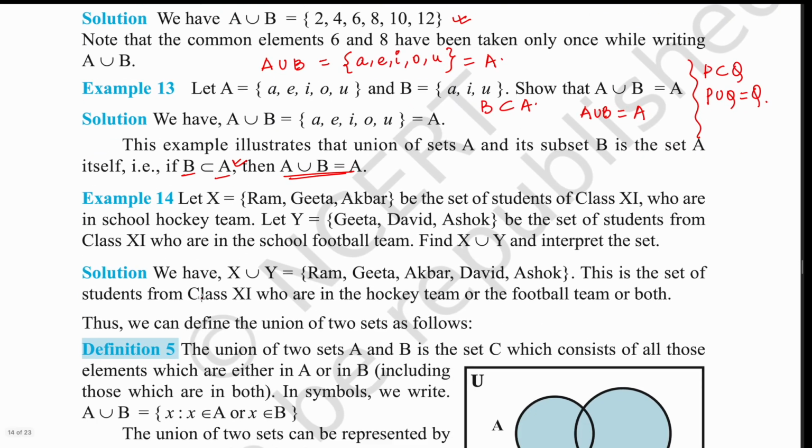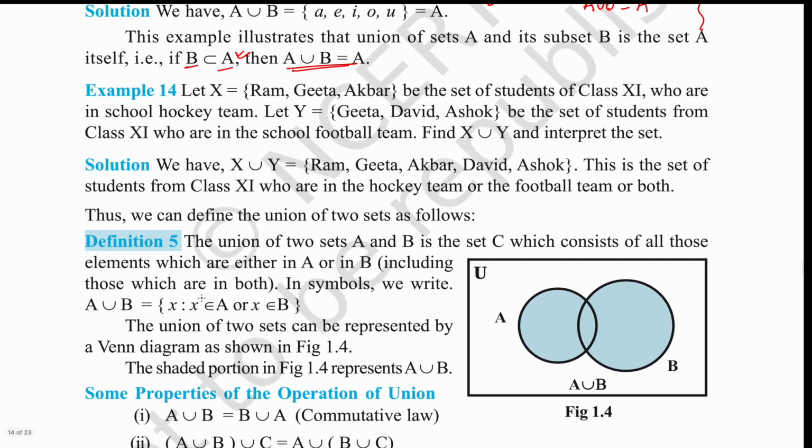Now let's see example 14. You have set X given as Ram, Sita and Akbar, the set of students of class 11th who are in the school hockey team, and let Y be a set having Geeta, David and Ashok, the set of students from class 11th who are in the school football team.